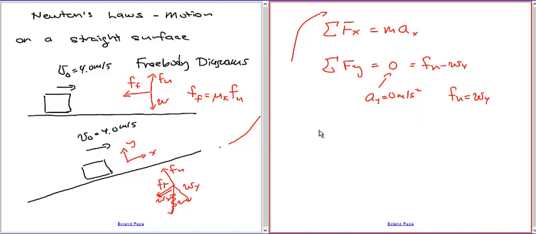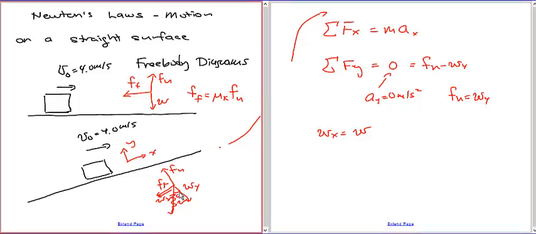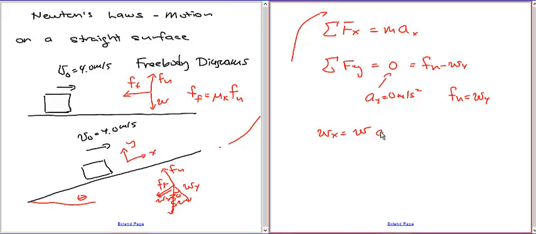Also remember that the x component of the weight is the weight times the, well, let's see which one that is. Here's theta. That's the angle between this, theta here. So the y component is the cosine of theta, and w sub y is, or w sub, wrong one.